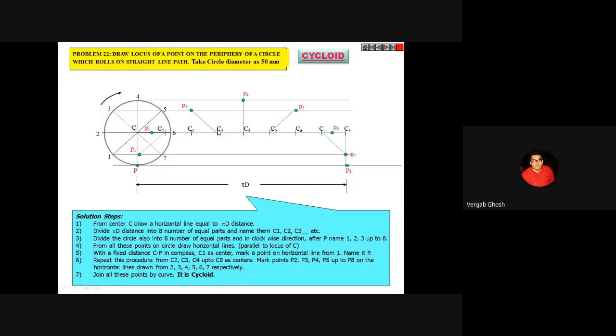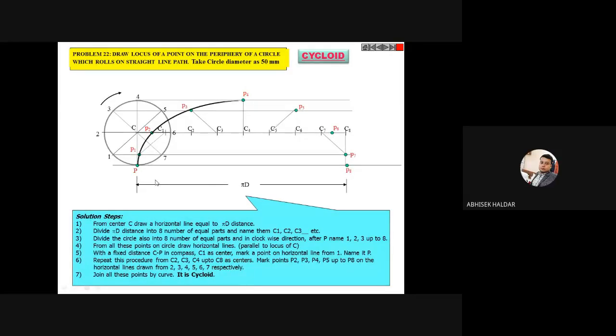I am talking about the line C3P3, and the line C4P4. Obviously they are equal, because I am taking the same radius. That radius I am not changing. Just taking the radius in my compass, I am placing it at different C points and cutting these P points. So obviously this length will be the same, isn't it?